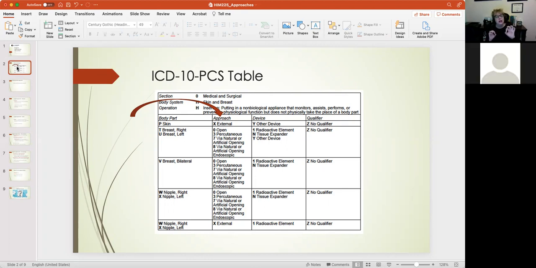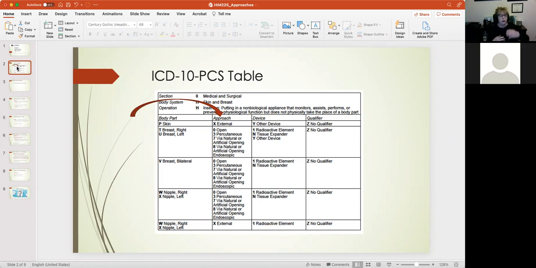So you can see here on our example table that you have right breast, left breast, bilateral, the nipple as a very specific anatomical site upon which this procedure is being performed.